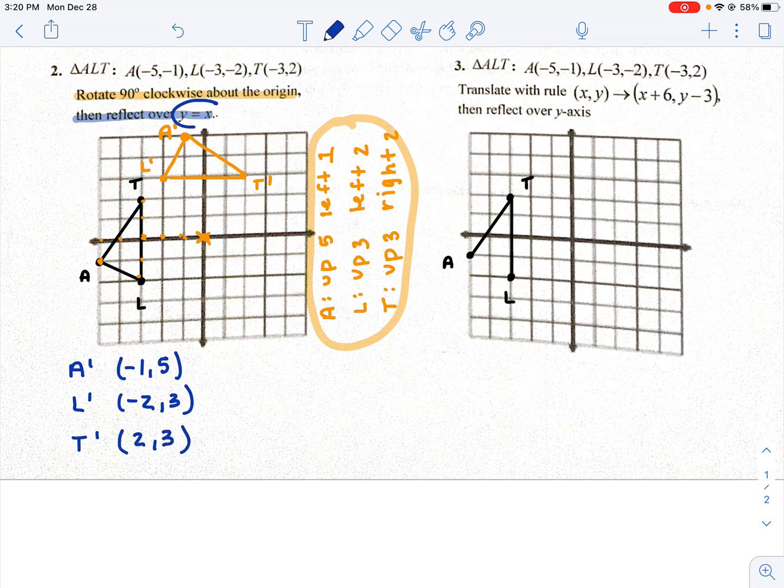Now the rule when we have the reflection over the line y equals x is you just flip-flop the coordinates. So A will become 5, -1. L will become 3, -2. And T will become 3, 2. Now we're going to plot all of those. This would be A, and we're going to call this double prime because this is our second time doing this transformation. L double prime is going to be 3, -2.